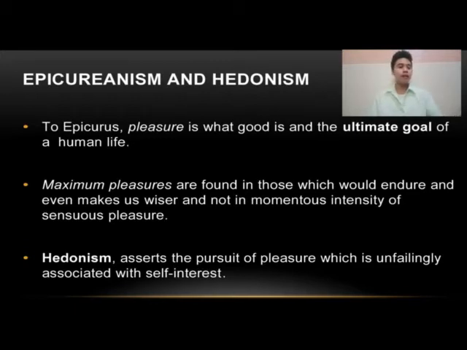Hedonism asserts the pursuit of pleasure, which is unfailingly associated with self-interest. Epicureanism has more reason, is more natural, and has much more common sense, as opposed to hedonism, which is almost along the lines of having self-interest in the reasons in decision making.